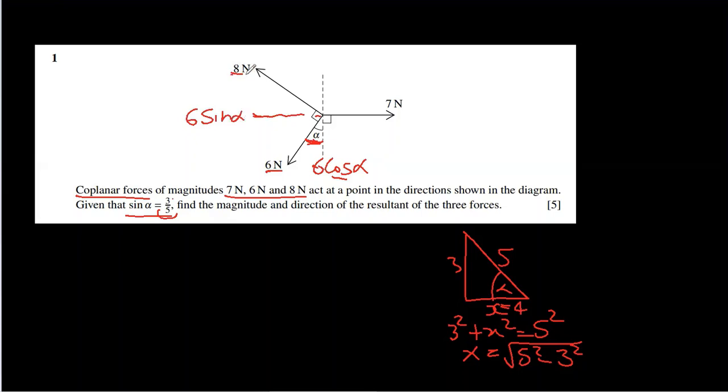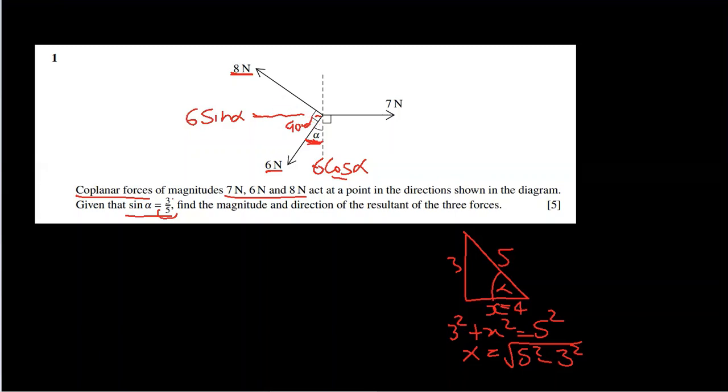But we don't know the angle with 8 Newton. But what we know is that this angle is 90 degree, right? So we also know that this angle is 90 degree, don't we? That means this angle will be 90 minus alpha, right? And since this is a right angle triangle, this will become alpha by the same logic.